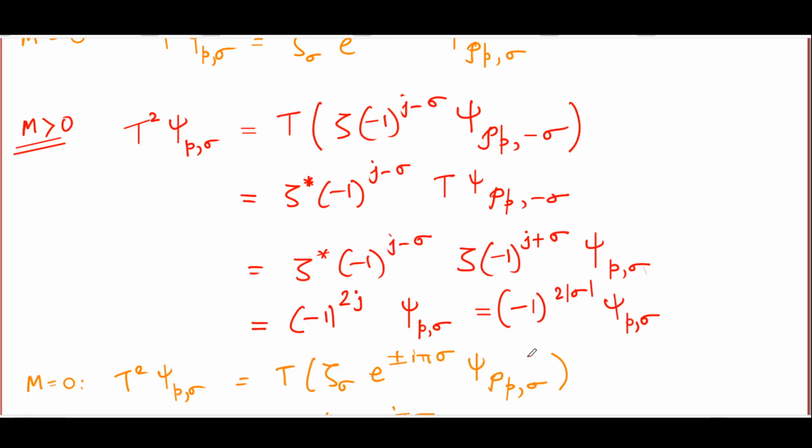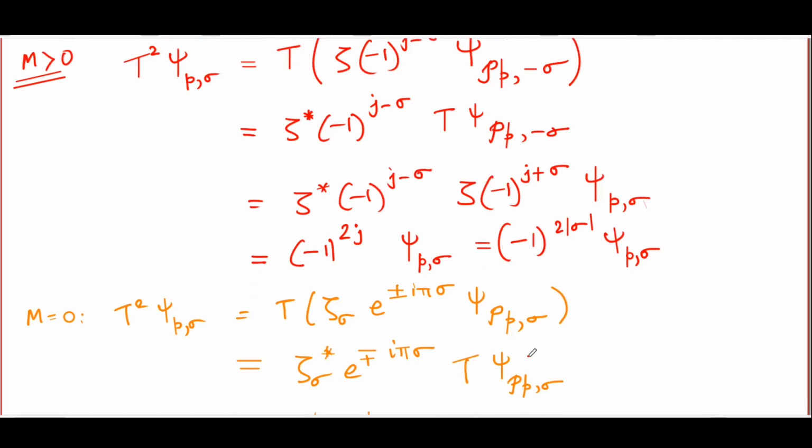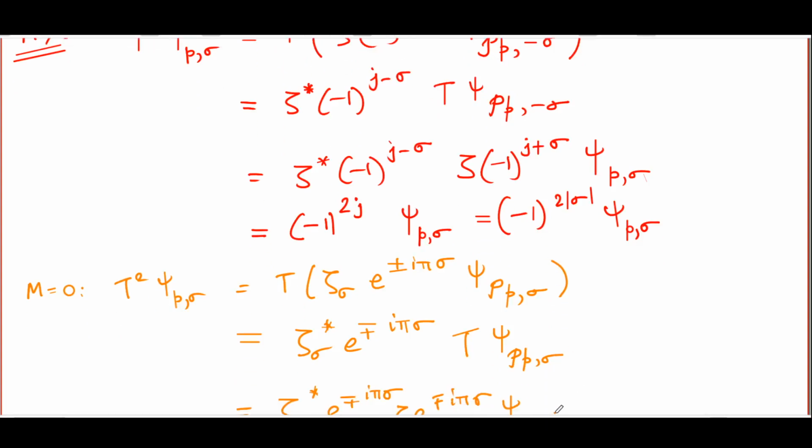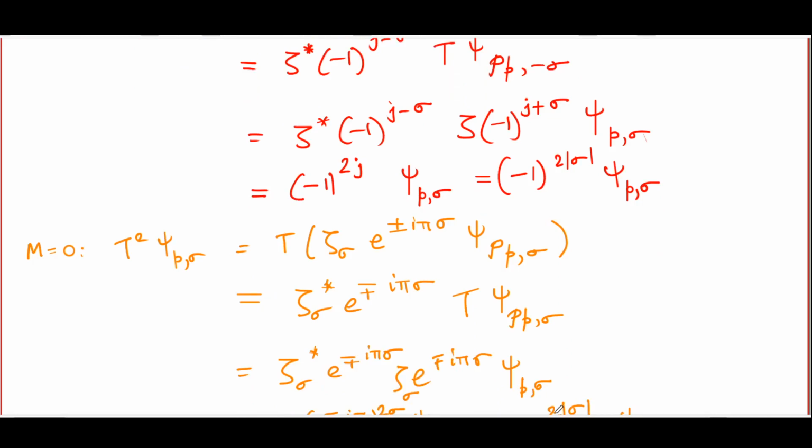Now when T acts on this again, you will have to first move out this factor, which of course gets complex conjugated, so you get zeta sigma star e to the minus plus i pi sigma. That's the complex conjugation. Now T gets to act on psi curly p p comma sigma, and that gives rise to a phase factor zeta sigma e to the minus plus i pi sigma.